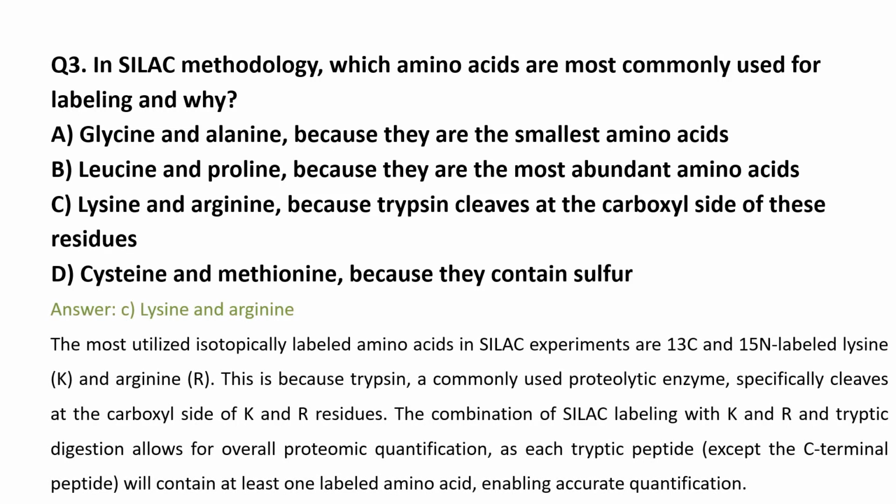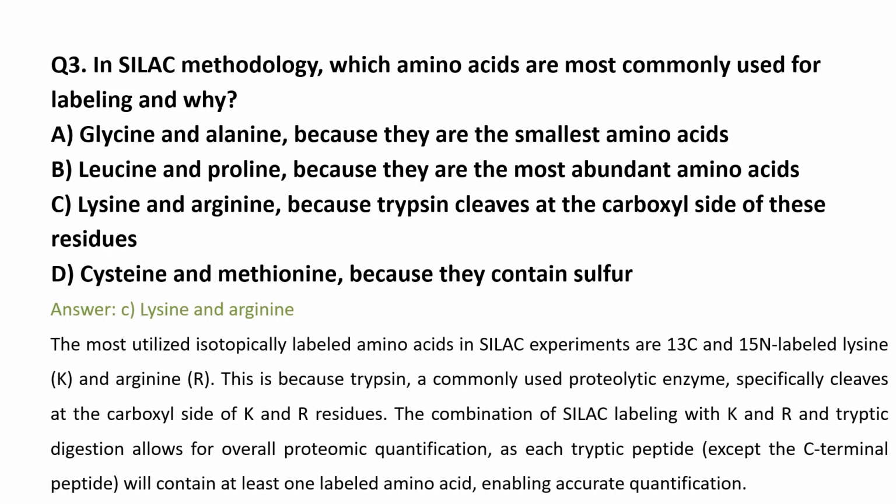So the answer is lysine and arginine. The most utilized isotopically labeled amino acids in SILAC experiments are 13C and 15N labeled lysine and arginine. This is because trypsin, a commonly used proteolytic enzyme, specifically cleaves at the carboxyl side of lysine and arginine residues.